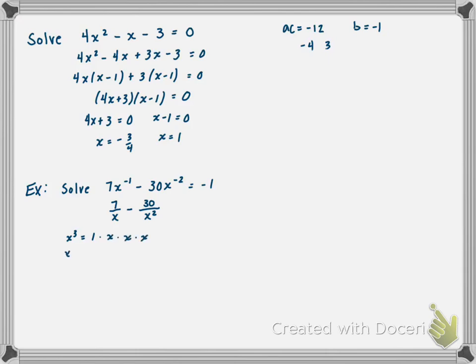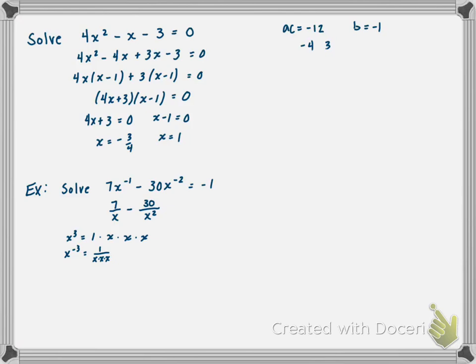And so if you have x to the negative third, that means do the opposite of multiplying by 3 factors of x, which is to divide by 3 factors of x. So it's 1 divided by 3 factors of x. And that's how they get the 1 over whatever.